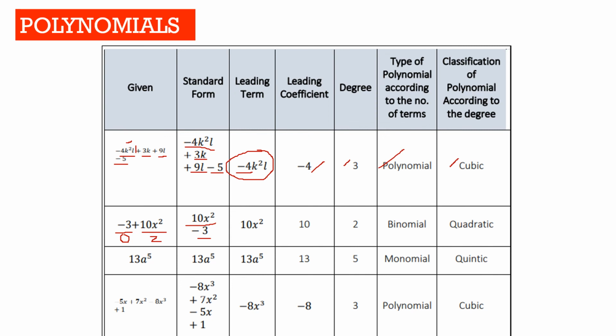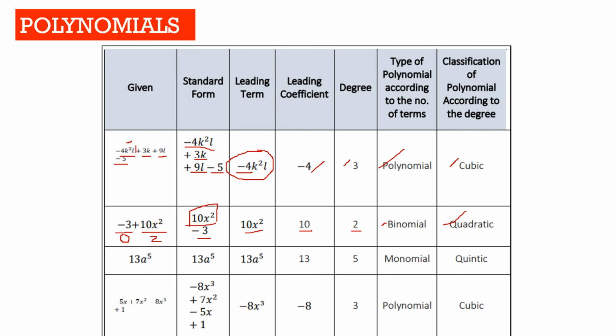From that, we take the first or the leading term, which is 10x squared, and then the leading coefficient is 10, while the degree of our literal coefficient is again 2. That's why the degree is 2, classifying it as a quadratic polynomial. And since it has 2 terms, we call it a binomial.